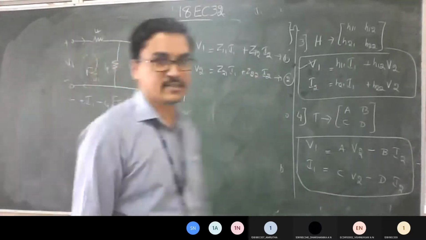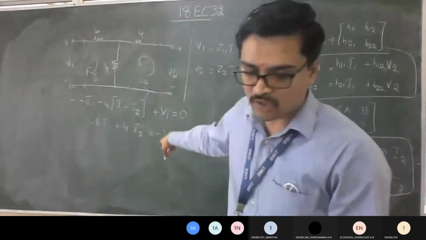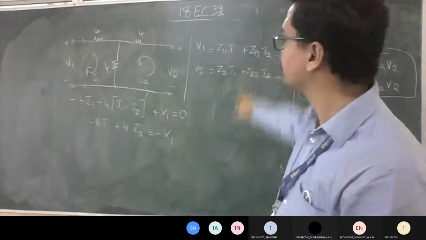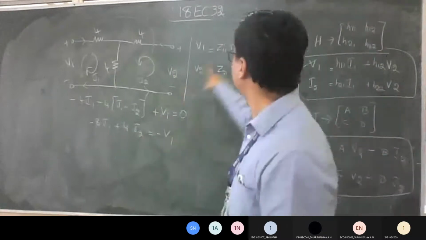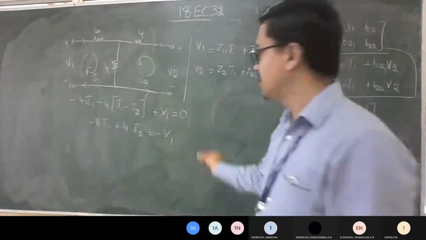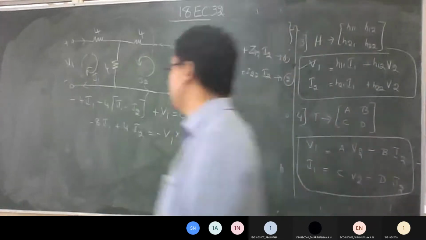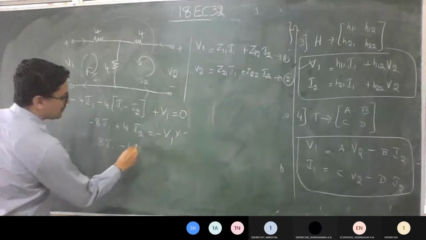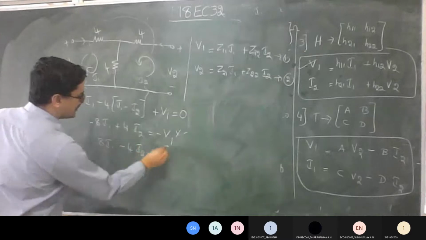Now look at the equation we wrote and what is given in the generalized equation. Is it matching? I1, I2 is there, V1 is there, and V1 has a minus. So multiply by minus, and you will get 8 I1 minus 4 I2 equal to V1.